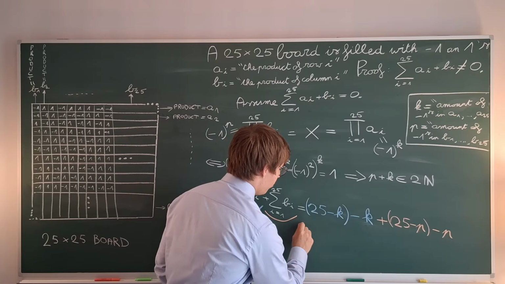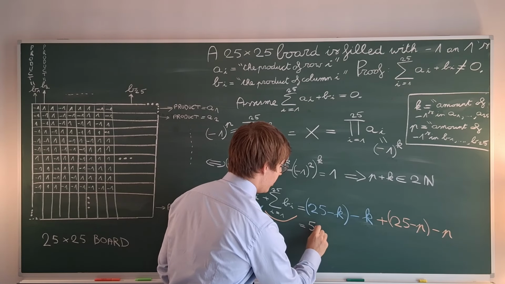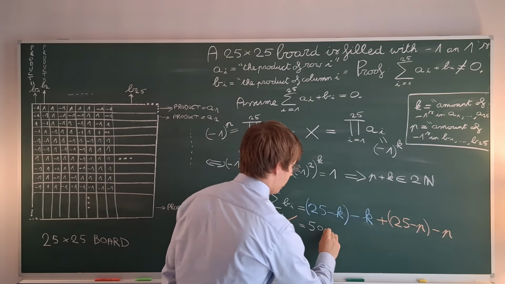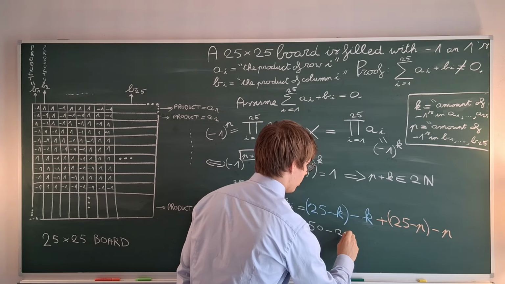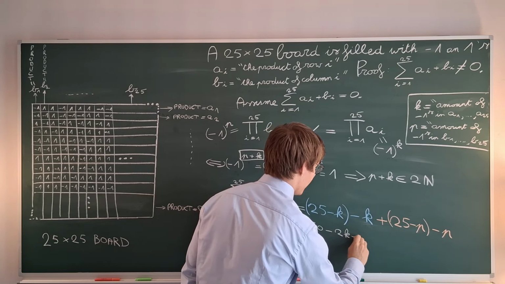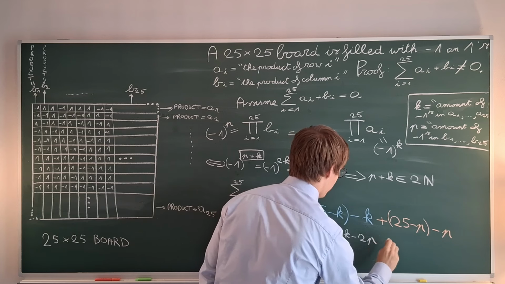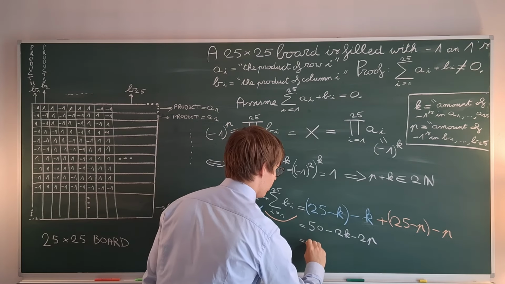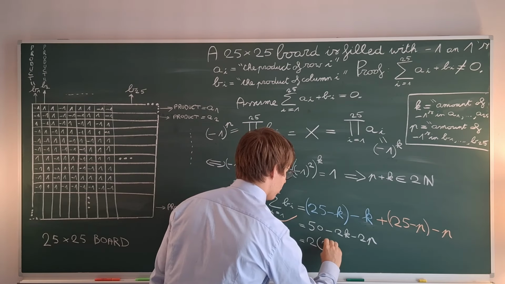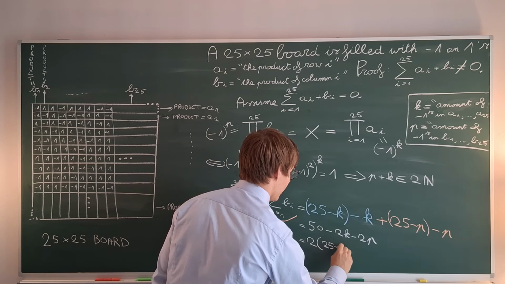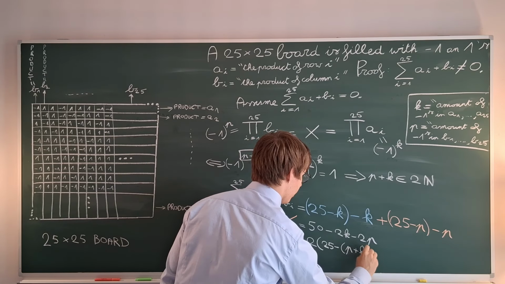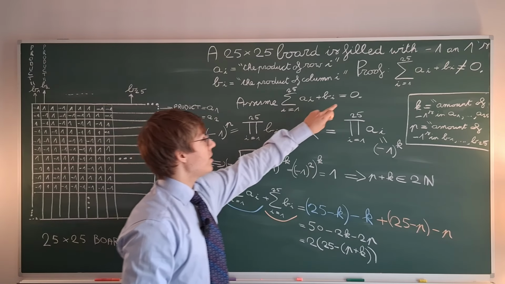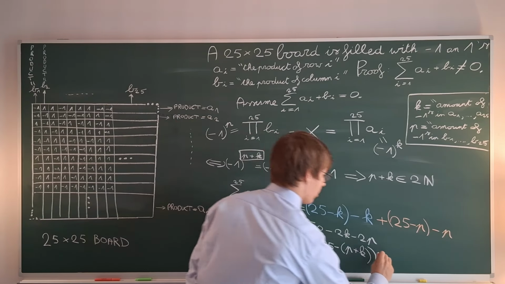But this is equal to 50 minus 2k minus 2p, which is 2 times 25 minus p plus k. And by our assumption, this is equal to 0.